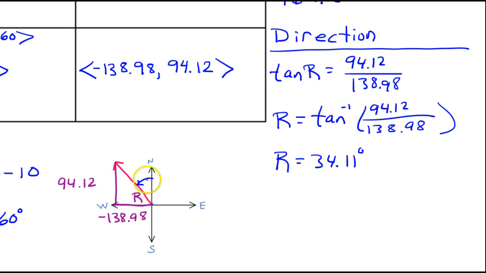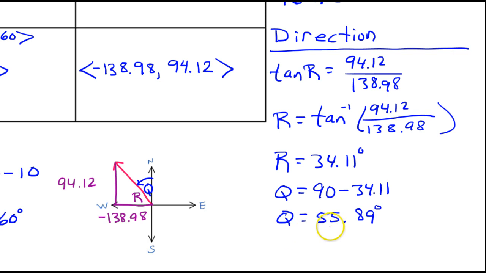So these angles will be complementary. I'm going to call this angle B. You know what? I'm going to call it Q, because Q and R are consecutive letters. So these are complementary, so angle Q should equal 90 minus 34.11.